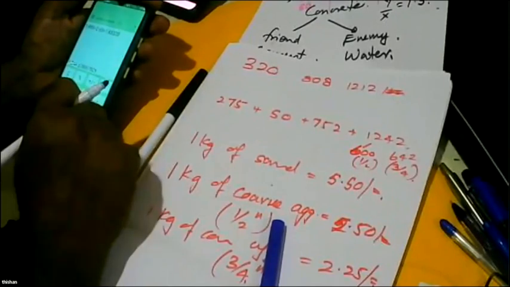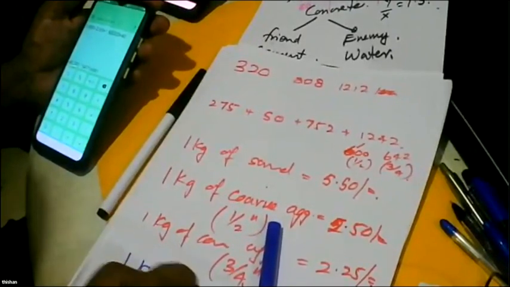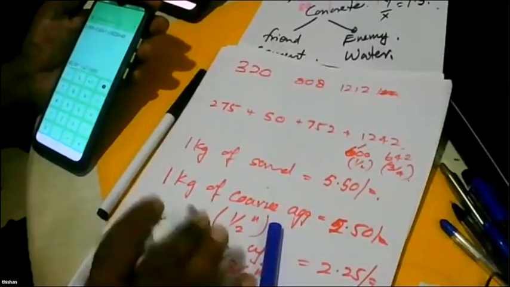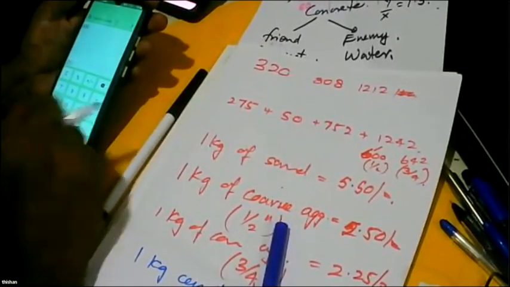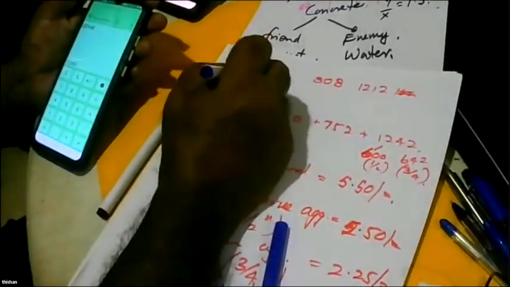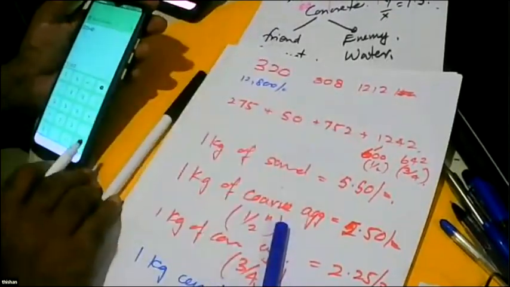320 multiplied by 40. 1 kilogram of cement is 40 rupees. So you get 320 multiplied by 40, 12,800. Now you can see why concrete is so expensive these days.